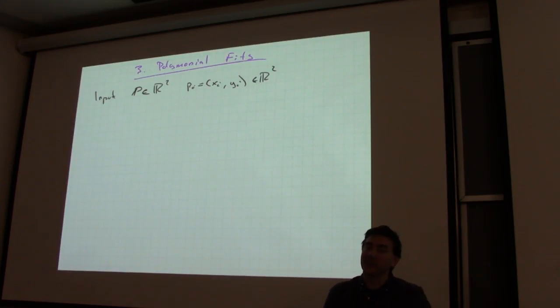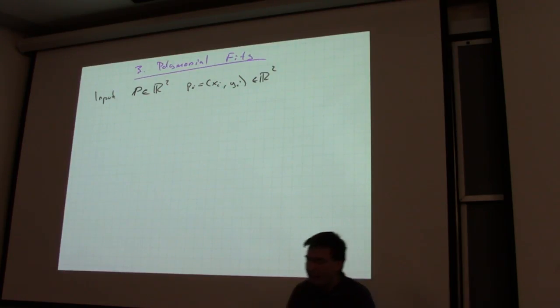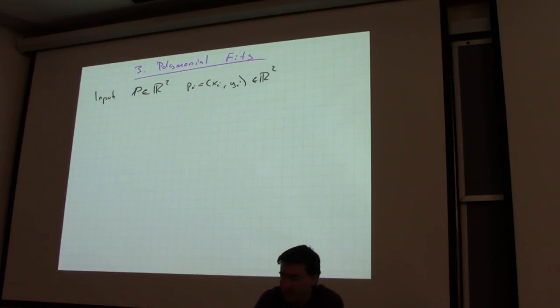You can extend this again to higher dimensional values, and I'll let you work that out on your own. But now the goal is a more complex function fit. The goal now is some polynomial function that's going to go to some power t.